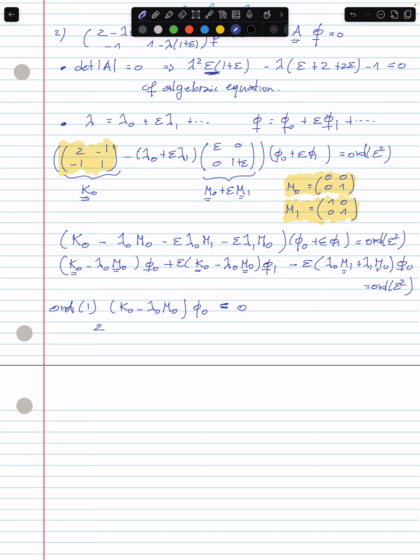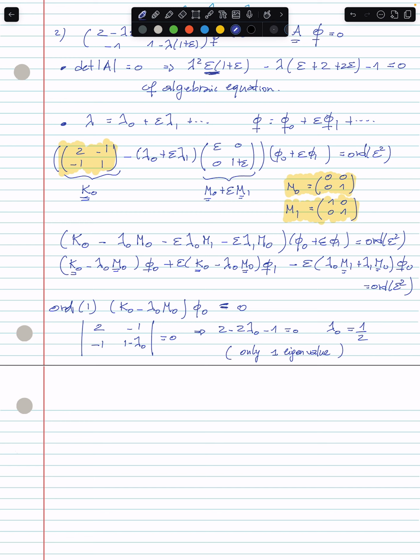I'm just going to right away write that the determinant is equal to 0, meaning that 2 minus 2 lambda 0 minus 1 is 0, or lambda 0 is 1/2. Okay, and of course you can notice that we only have one eigenvalue.